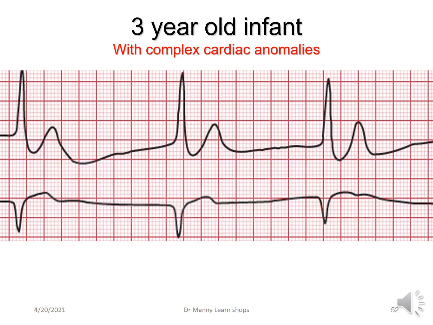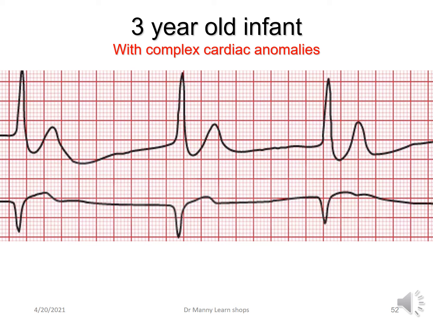Now you've got a 3-year-old infant with complex cardiac anomalies. Regardless of what you think, this is a bradycardia, and for a 3-year-old infant, you would be doing CPR, I would be thinking. I can't see any P waves. The QRS complex is very, very wide.